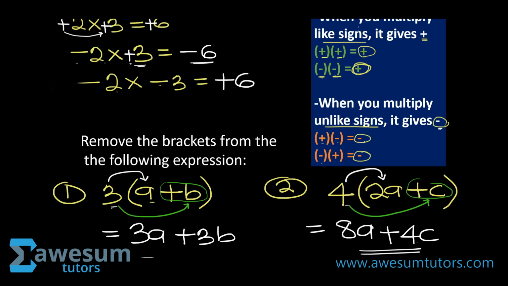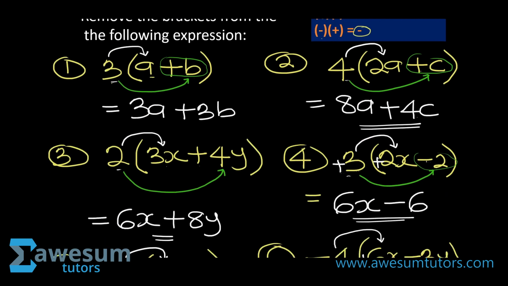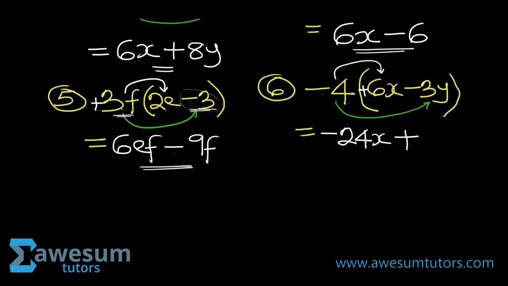We said like signs gives you positive. Positive times positive, negative times negative gives you positive. Okay, very good, guys. So that means in this case, negative times negative gives you positive. 4 times 3y gives you 12y.